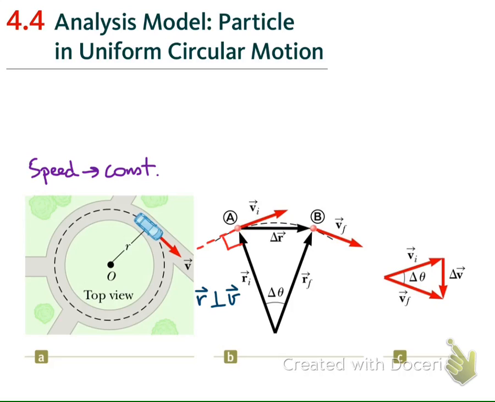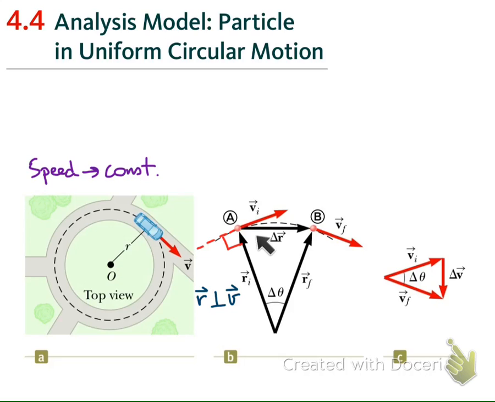Now, if we look at the displacement when the particle moves from A to B, this is the position vector at point A, and this is the position vector at point B. Here we use the center of the circle as the origin of our reference system, our coordinate system.